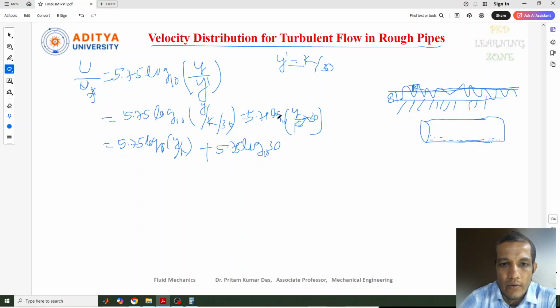Then log a into b can be written as log a plus log b.